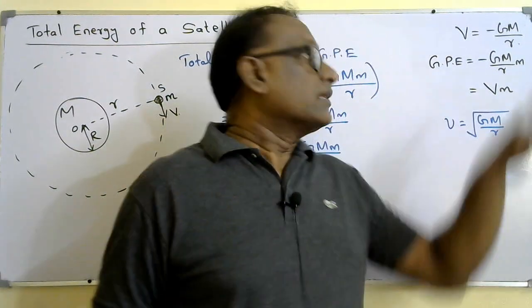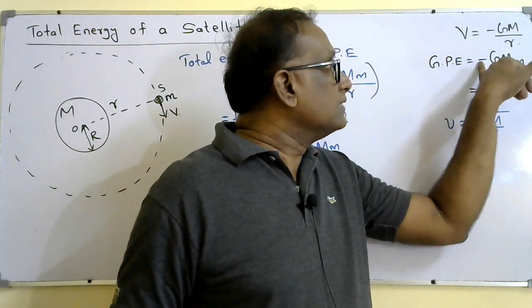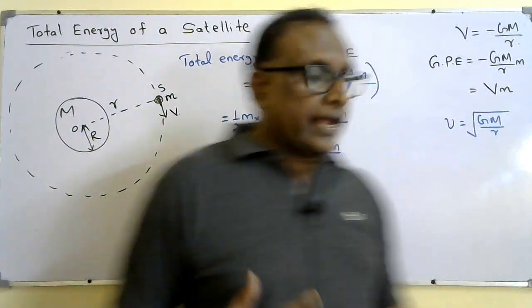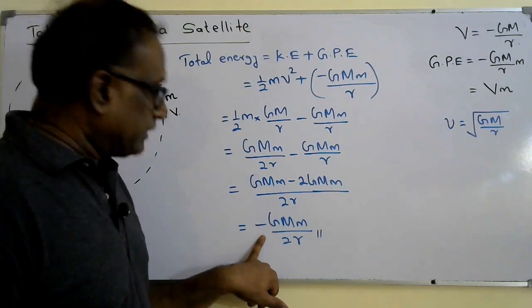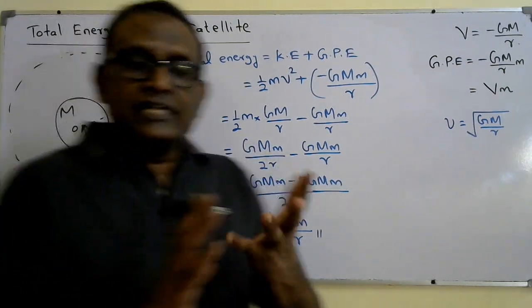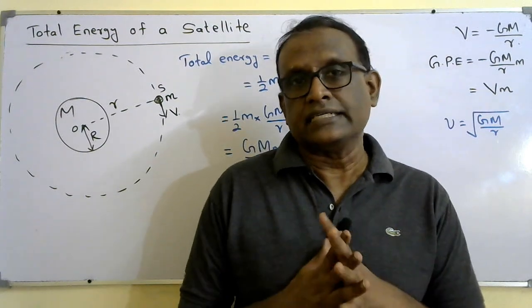Right, but why is the total energy negative? What's the meaning of it? First we'll say what's the meaning of total energy equal to 0. If the total energy equals 0, it means the object has reached infinite distance, and r becomes infinity.